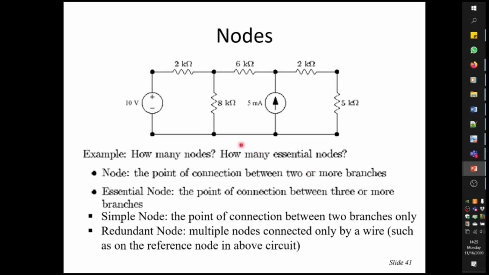For instance, if you consider this circuit and this is the bottom node, this is typically considered the reference node, because all the other 4 nodes are at a height compared to this reference node. From our study of potential energy in physics, we come to think of voltage as potential and therefore as height.